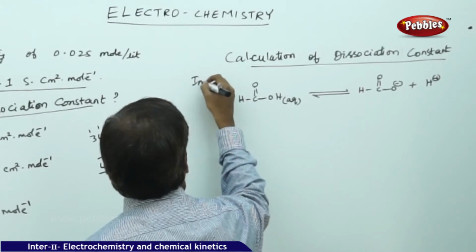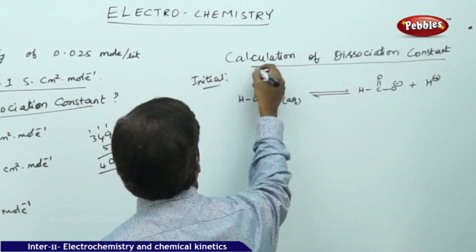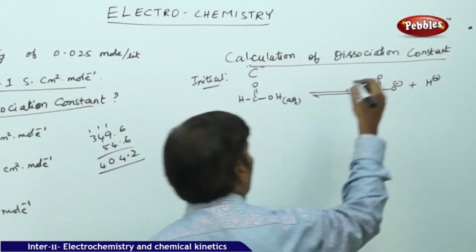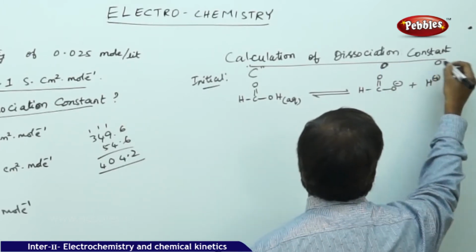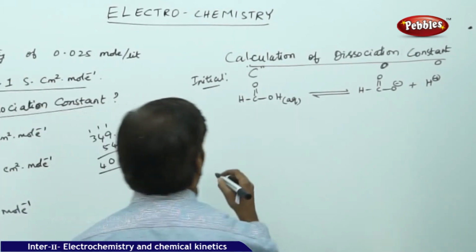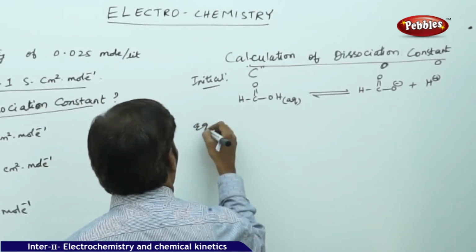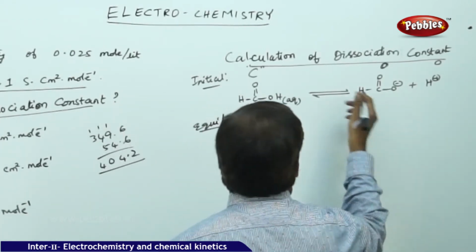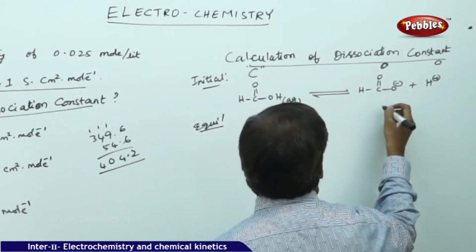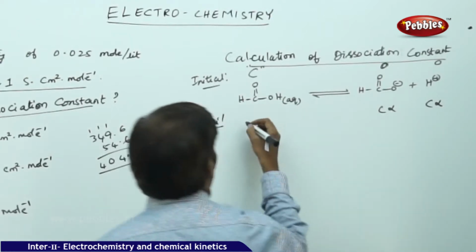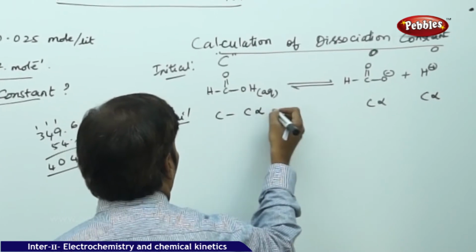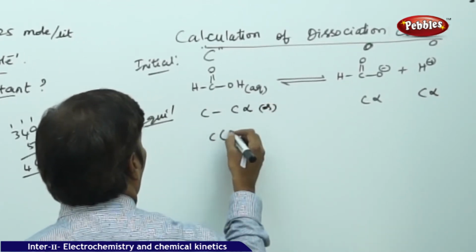Initially, let us suppose the initial concentration is C moles per liter, and the concentrations of the formate ion and the proton are 0. But at equilibrium, the amount of formic acid that has been dissociated into formate ion is C into alpha, and the same for H plus. So C minus C alpha is the remaining concentration, which we can simply write as C of 1 minus alpha.